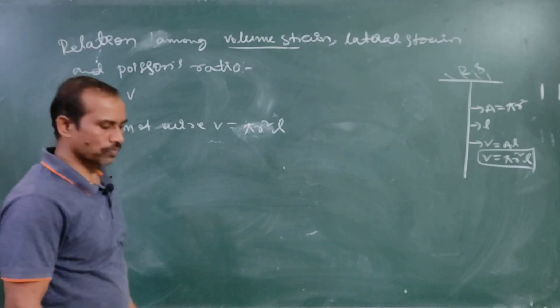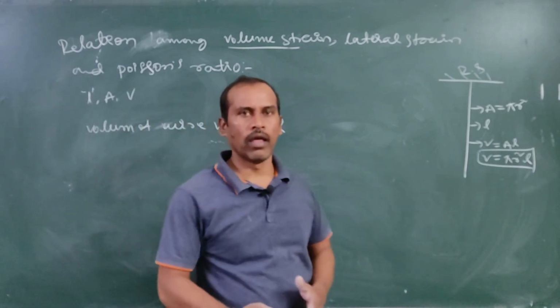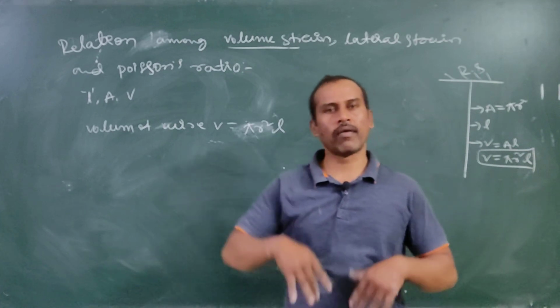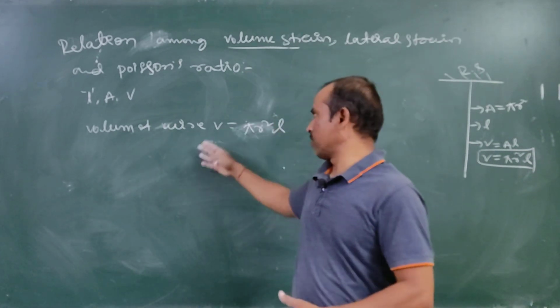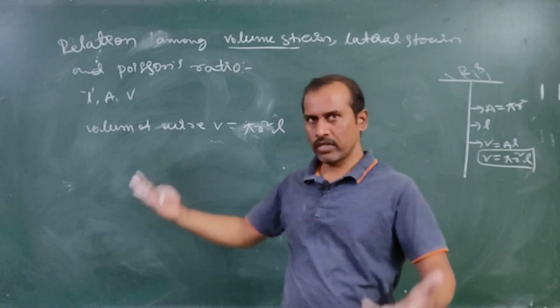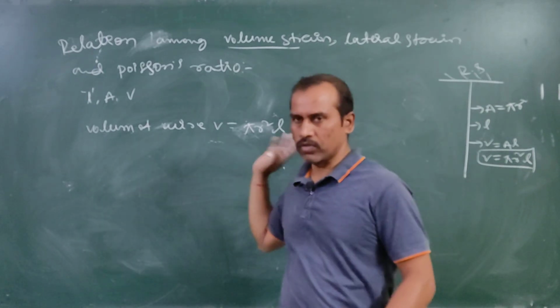For this equation, V is equal to pi r square L, first take logarithm on both sides. After that, do partial differentiation on both sides of this equation.